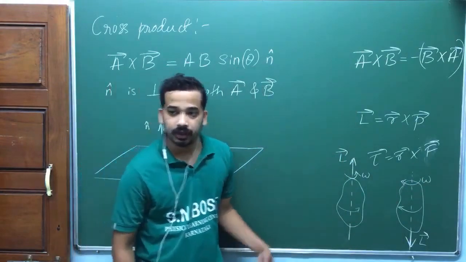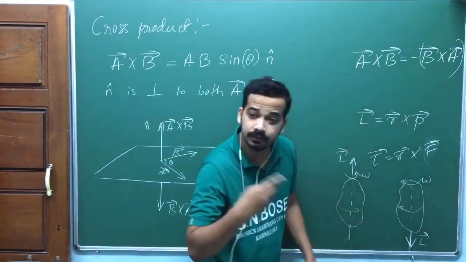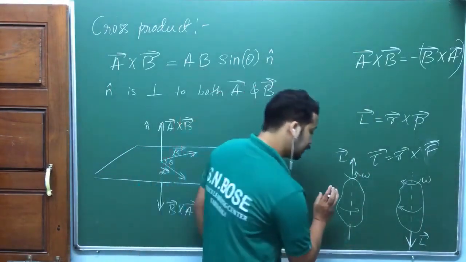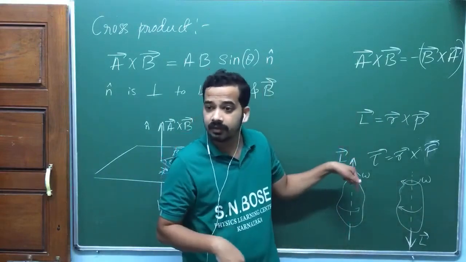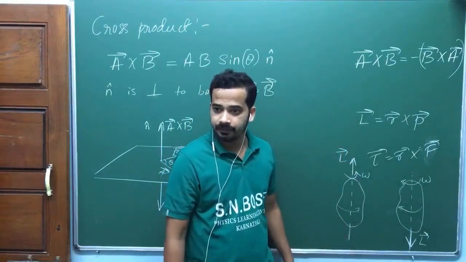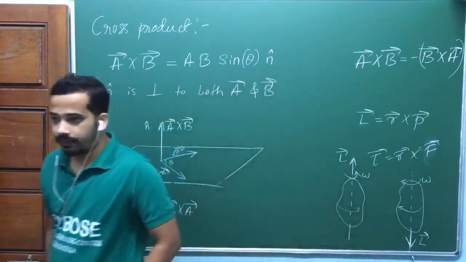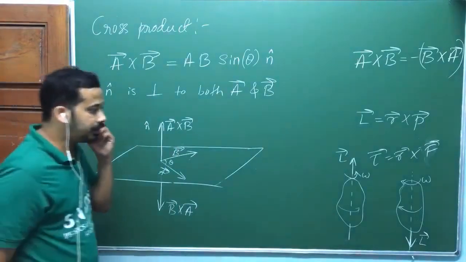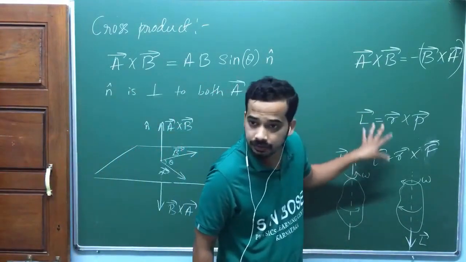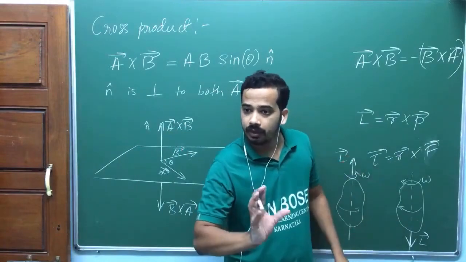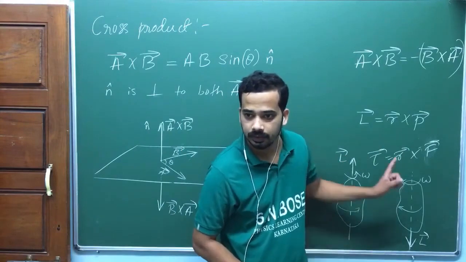But there is one more piece of information: this is rotating clockwise, this is rotating anti-clockwise. That information is there in the vector. So the cross product is perpendicular to them, and it tells us whether the rotation is clockwise or anti-clockwise.